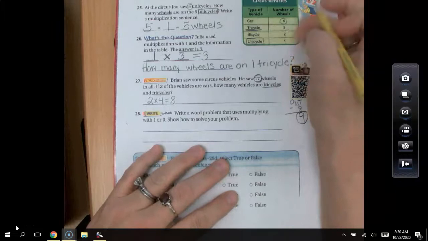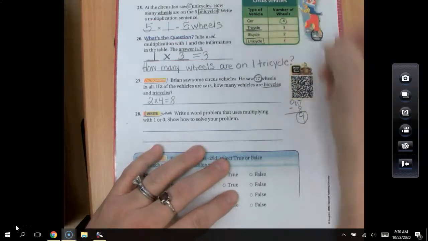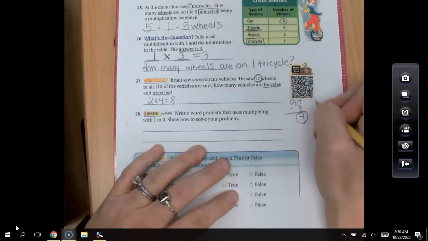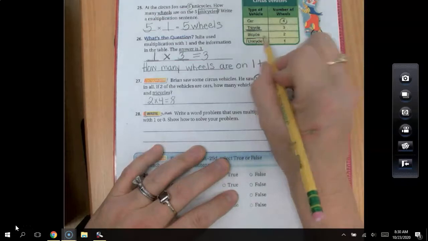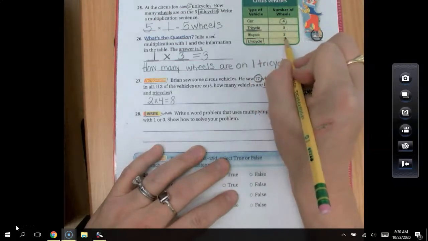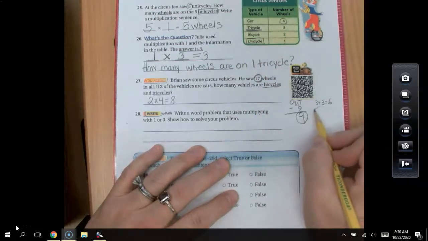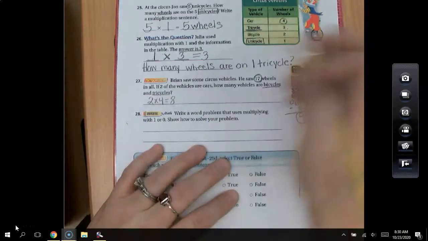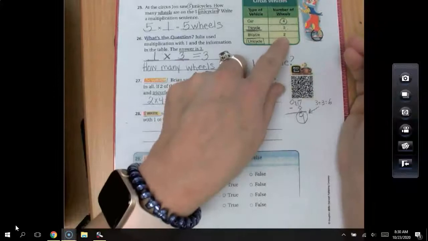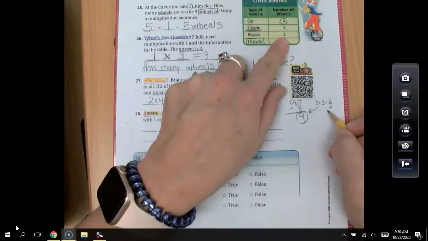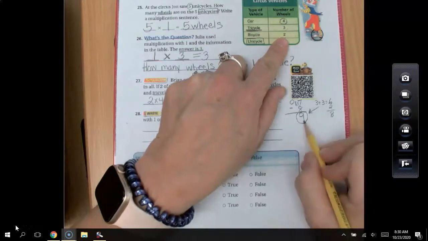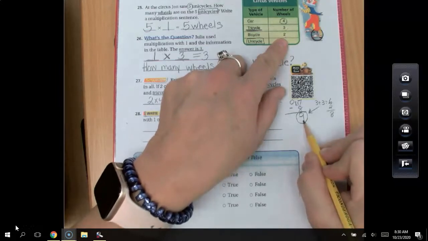What is 3 plus 3? If I have 2 tricycles, 3 plus 3 equals what, boys and girls? 6. And I know I have to have a bicycle. So I need to get to 9. My number I need to reach is 9. Well, 1 bicycle would be 2 more. 6, 7, 8, that would be 8. Well, I need to get to 9. So let's add another bicycle.